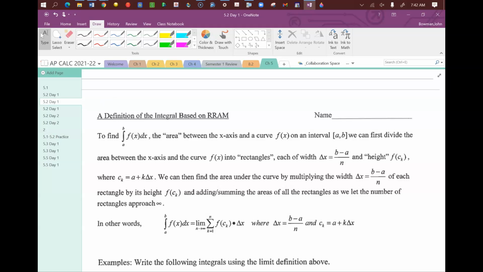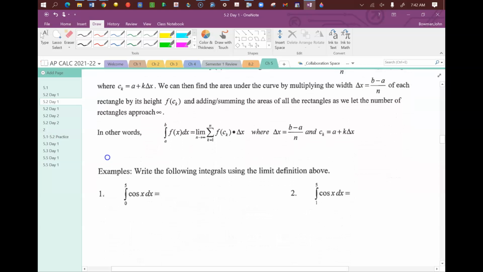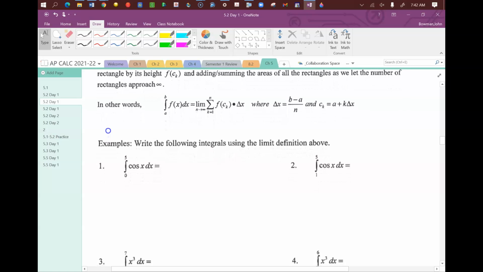So we're going to do a little practice here, and we are going to convert from integrals to limit notation and back. We'll start out with something that's relatively easy. The cosine function, we're going to integrate that from 0 to 5, and we want to write that using the limit notation.